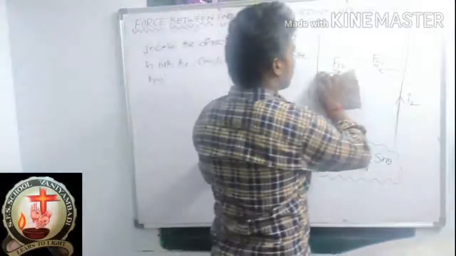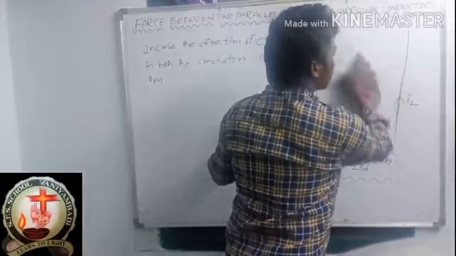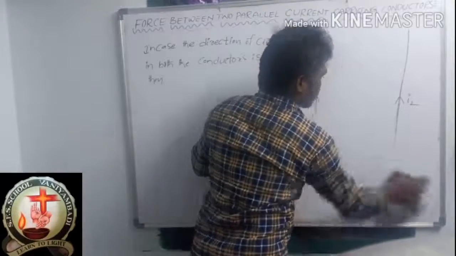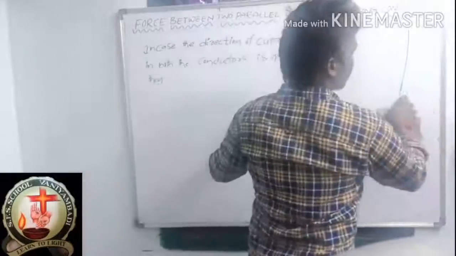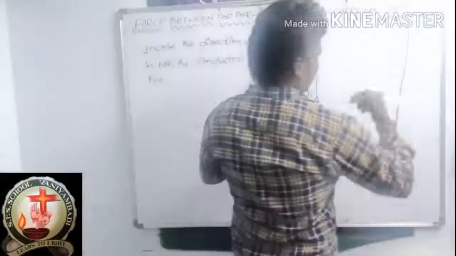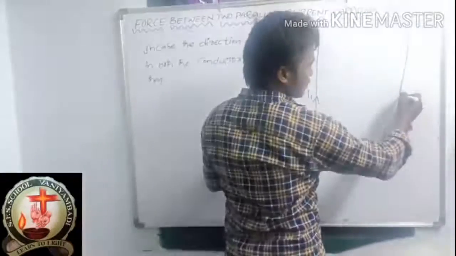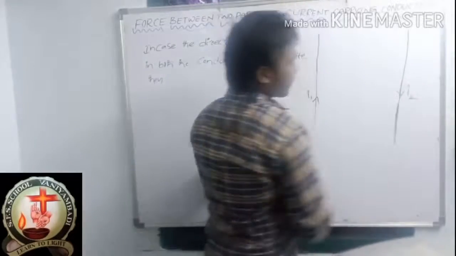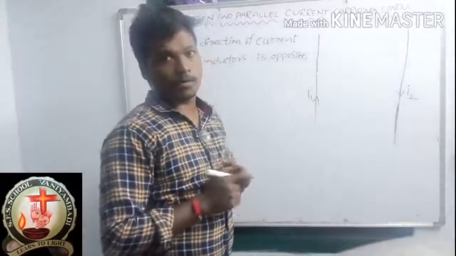So reduce this. Then the direction of the current is opposite, means what? This is upward direction, means this is downward direction. Now we will see what is the direction of force.